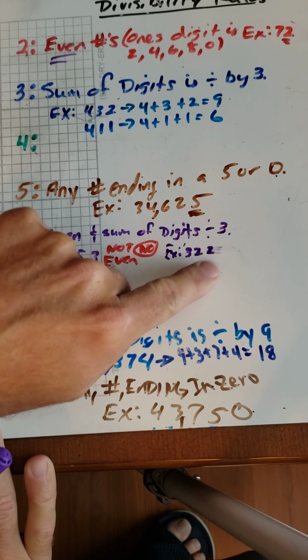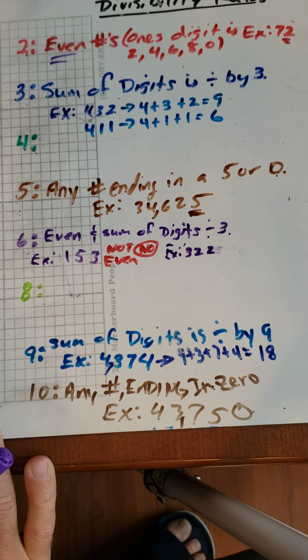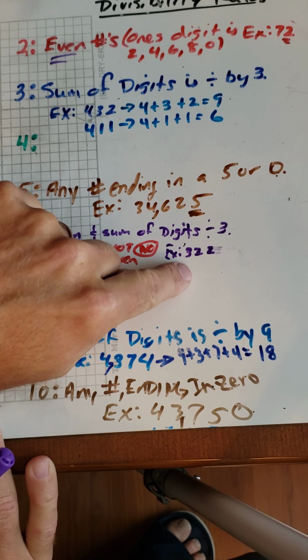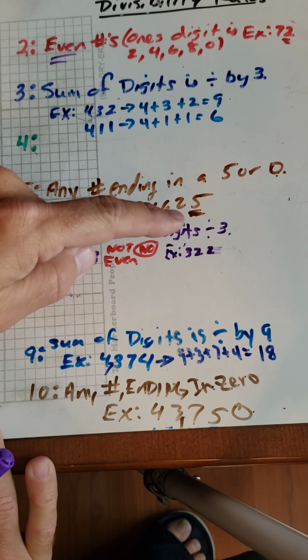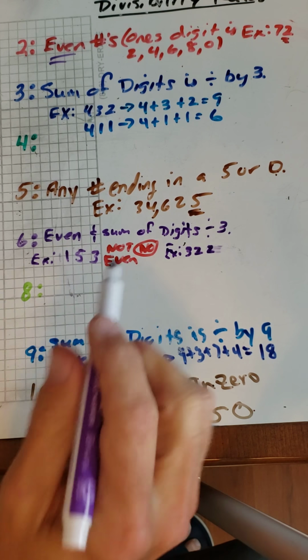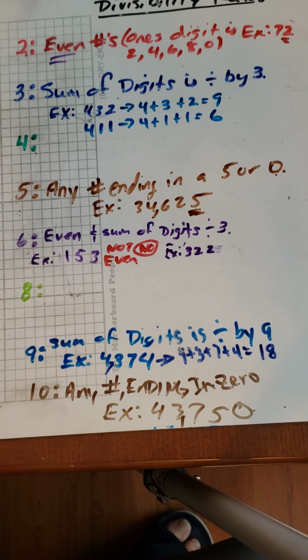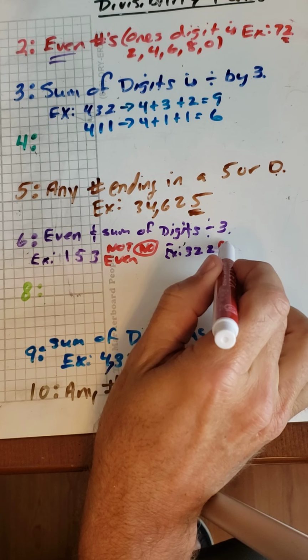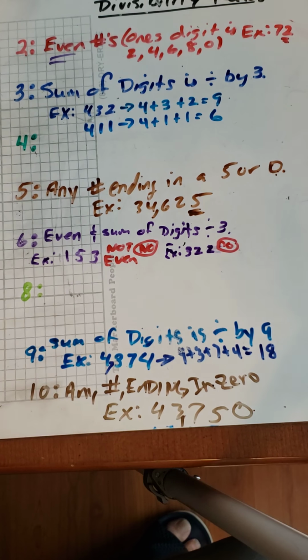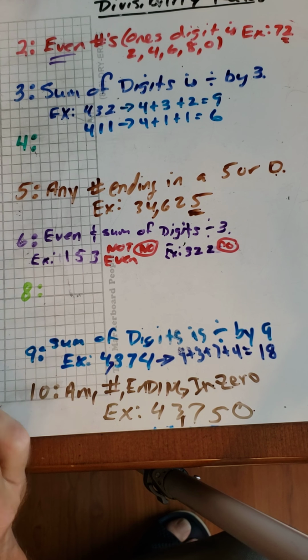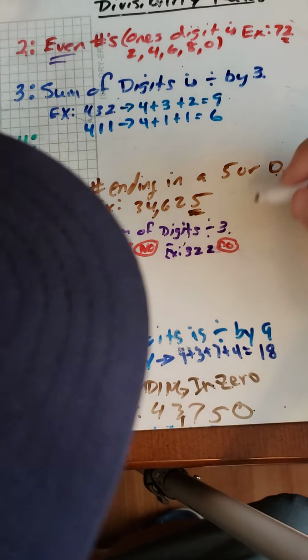It ends in a 2. The one's digit is a 2, so that's an even number. So that one works. The sum of the digits divisible by 3. So that's 3 plus 2 plus 2, which is 7. No. So then again, it's not divisible by 6. No. Because the sum of the digits don't work for that one. So the last example I'm going to do here.